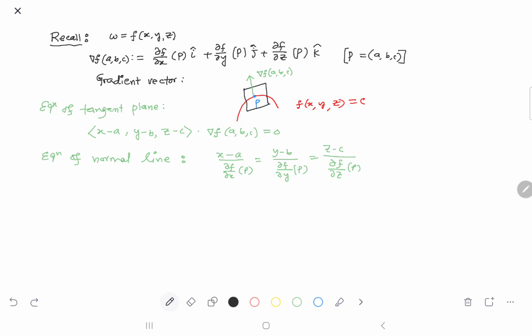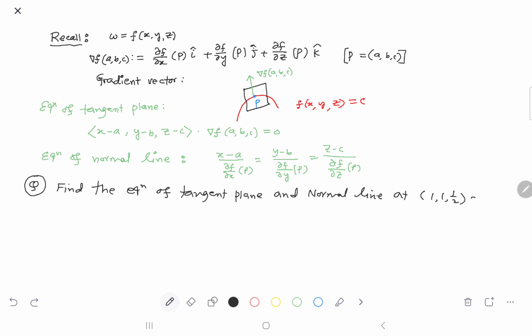So here it is. The question: find the equation of tangent plane and normal line at the point 1, 1, 1/2 of the surface of the paraboloid.